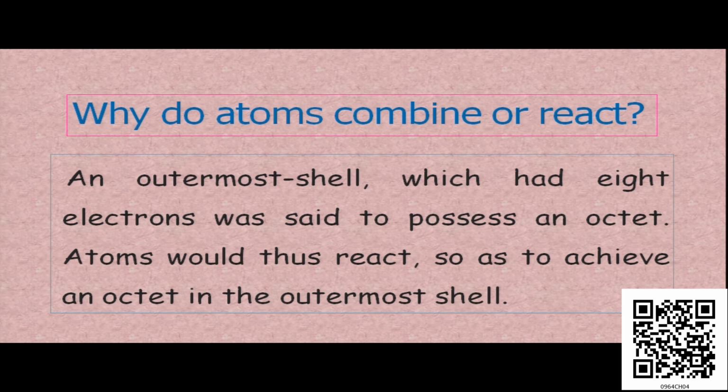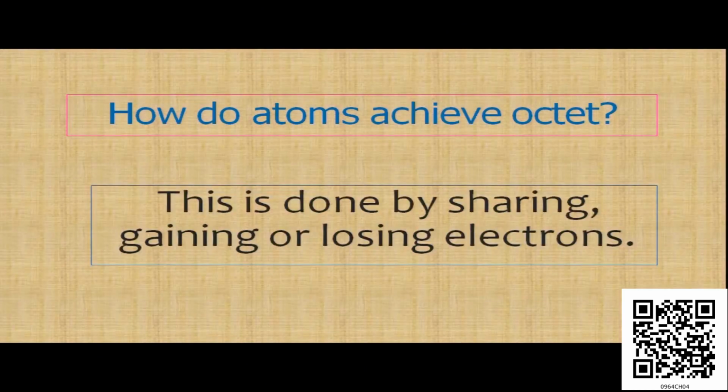That is because by doing so, they can achieve an octet in their outermost cell. And how do they do so? They achieve this octet by sharing, or by gaining or losing electrons.